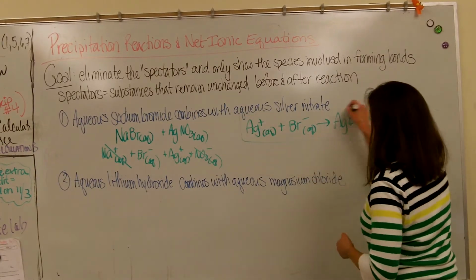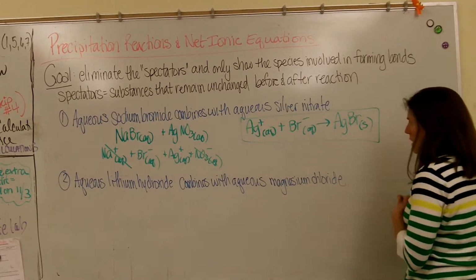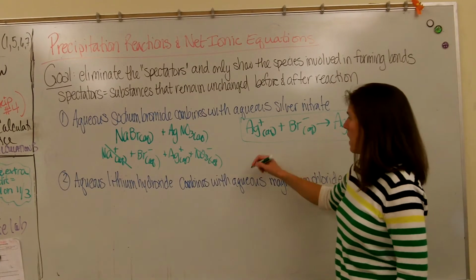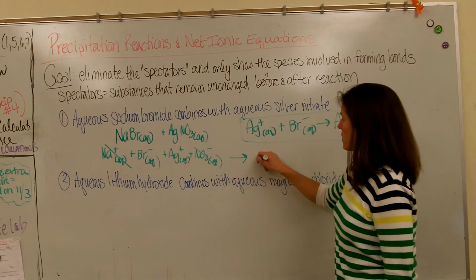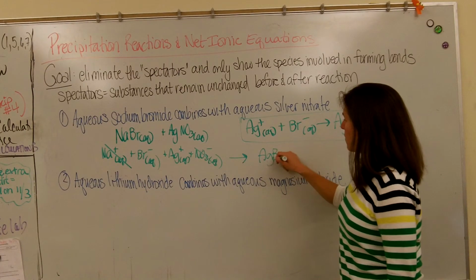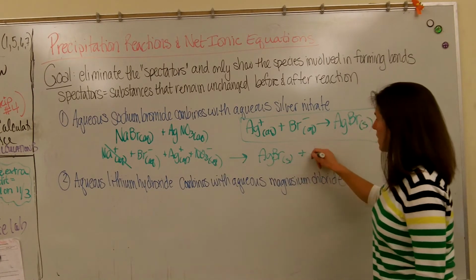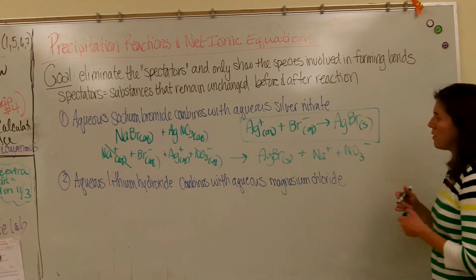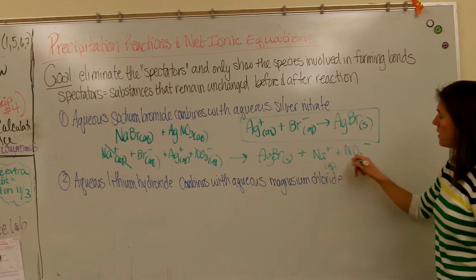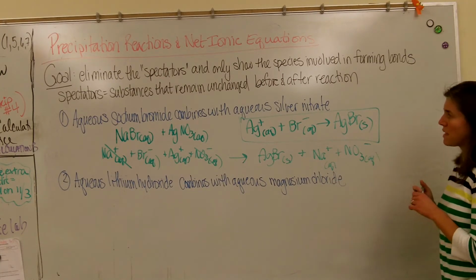If I wanted to show the complete equation, just so you can get a sense of what I mean by spectator ions, this is what we initially have in the reaction. And afterwards, we have silver bromide. They're now stuck together, and the sodium ions and the nitrate ions are still hanging out because they're still aqueous. So now you can see what I mean by spectators.